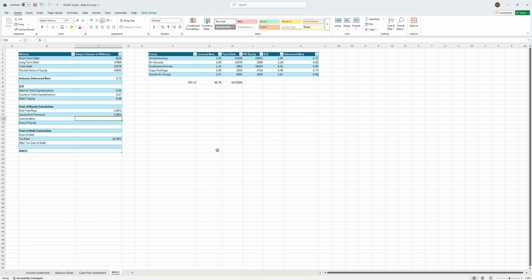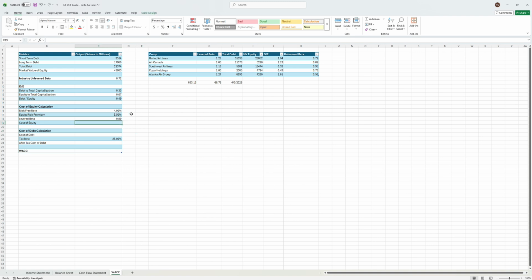So now we'll go back here, we'll grab our industry unlevered beta. We are going to multiply that by 1 minus the tax rate times our debt to equity. There is our levered beta.